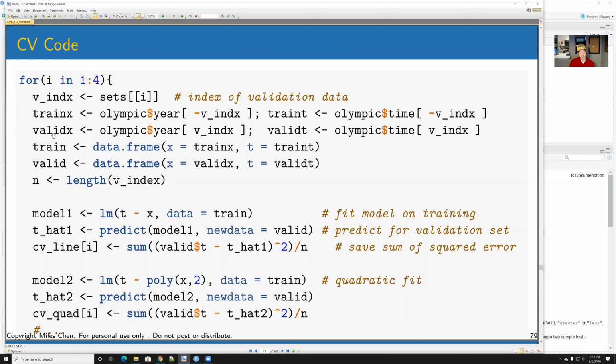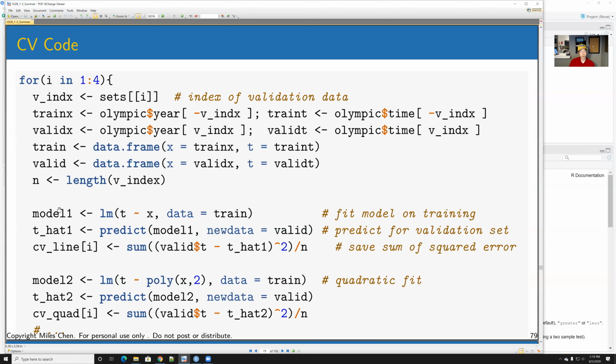For the validation X, I subset the years to just the validation index, and subset the times to just the validation index. Then I create my data frames: the training data frame is the training X and training T, and the validation data frame is the validation X and validation T. N is the length of the validation index, so N is 7.